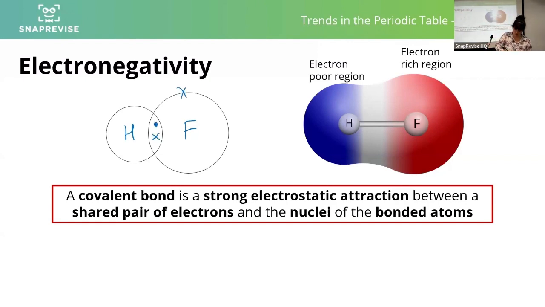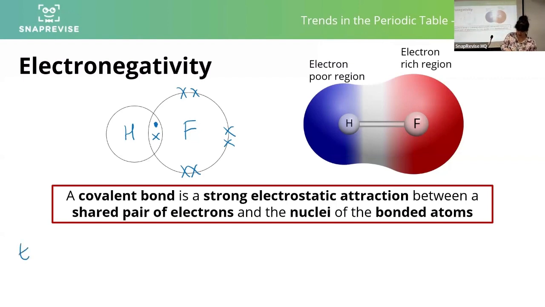We've already looked at dot and cross, so I won't explain it too much. But what's actually happening? Is that exactly where the electrons can be found or not? What is this term electronegativity that Pauling came up with? We need to know the definition because we need to be able to give it in an exam.